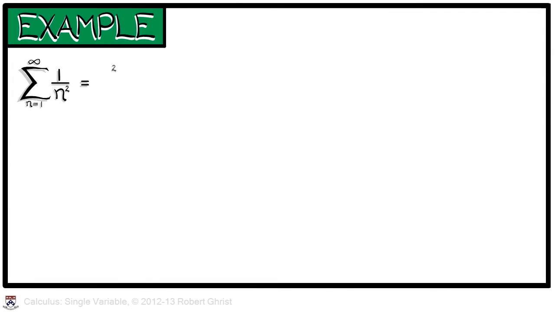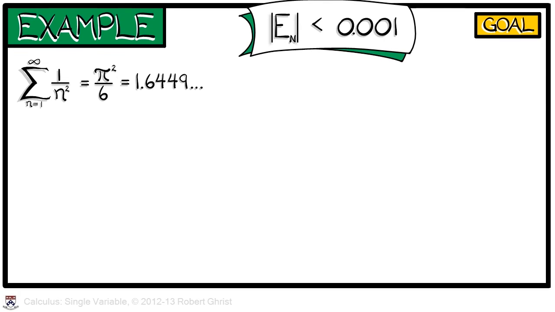With this in mind, let's see what it would take to get close to pi squared over 6 when we sum up terms of the form 1 over n squared. Now we know the value of pi squared over 6, and let's say that we want to get within 1/1000th. Well, we know that this p-series converges by the integral test, using a continuous function, a of x, equals 1 over x squared.